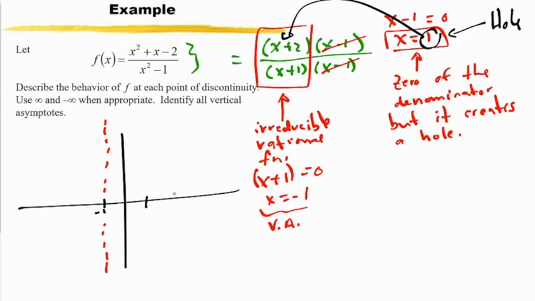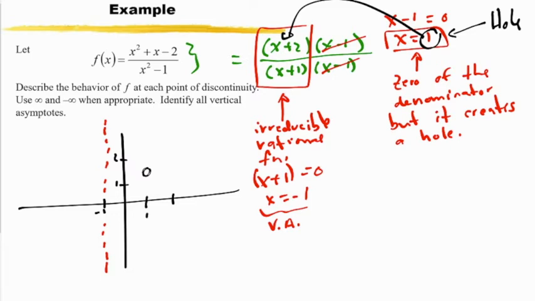So 3/2 is where the location of the hole will be on the y part. So 1 is the x coordinate, 3/2 is the y coordinate. Right here is our hole, and we want to draw it as an open circle.